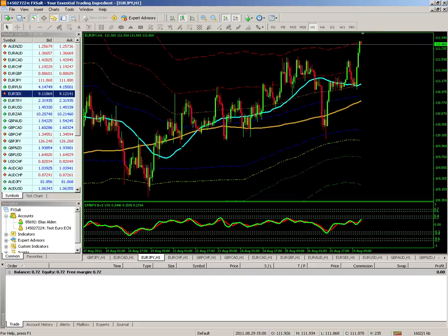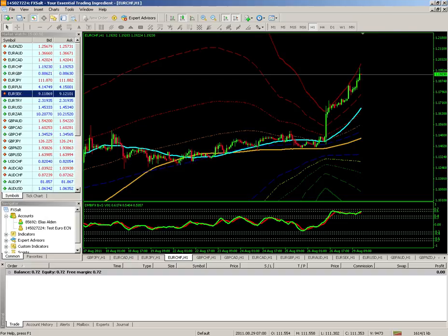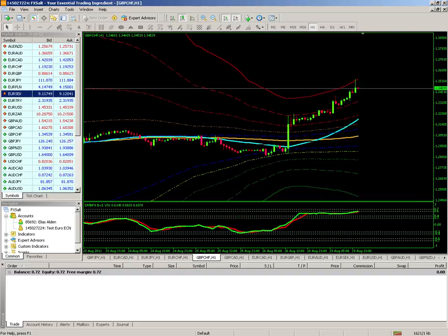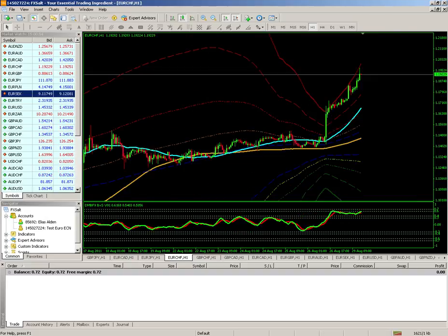The buyers are the green line here, and the sellers are the red line there. If we look at the other currency pairs, for example here, you still see that we can't initiate a trade here because the sellers are still not on top of the buyers.